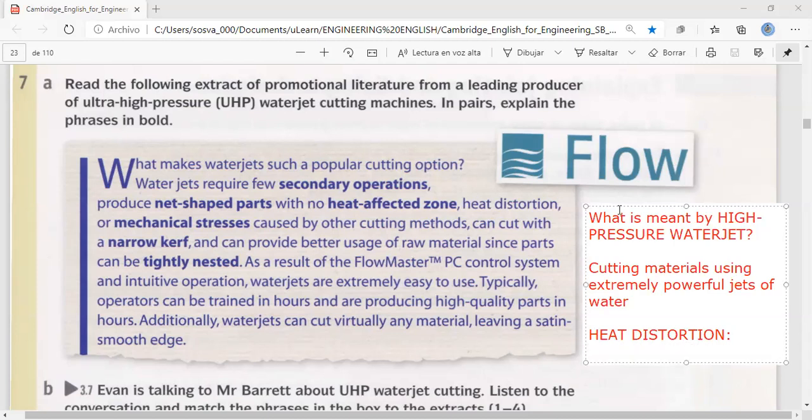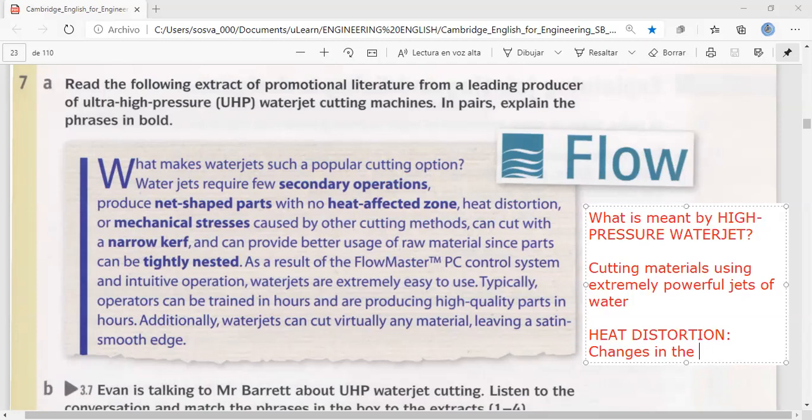When we use the heat, if I can modify a damage zone, we need to control or apply high temperatures to shear any material.